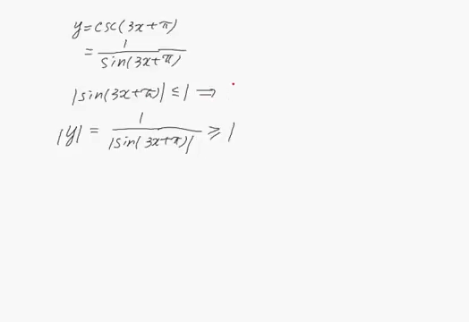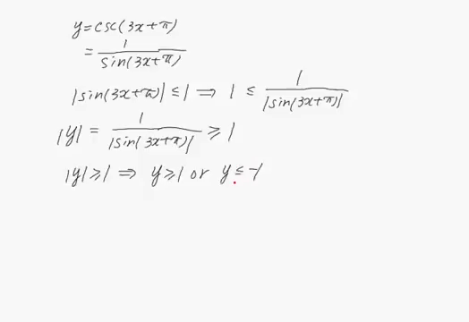From here, you get 1 less than or equal to 1 over the absolute value of sine of 3x plus pi. Now you have this inequality involving the absolute value: the absolute value of y is greater than or equal to 1. We know how to solve this simple inequality. It implies either y is greater than or equal to 1, or y is less than or equal to negative 1.